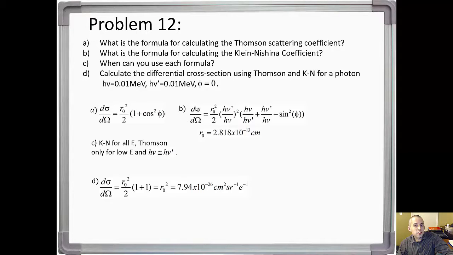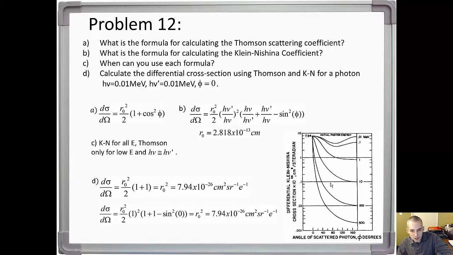Let's perform the same calculation, but with the Klein-Nishina formula. So hν prime over hν, 1 squared, 1, 1. And we end up getting 2 over 2. We can cancel it out again. And the answer is the electron radius squared once again. So this is good news. They're the same answer. That means that the example was good.